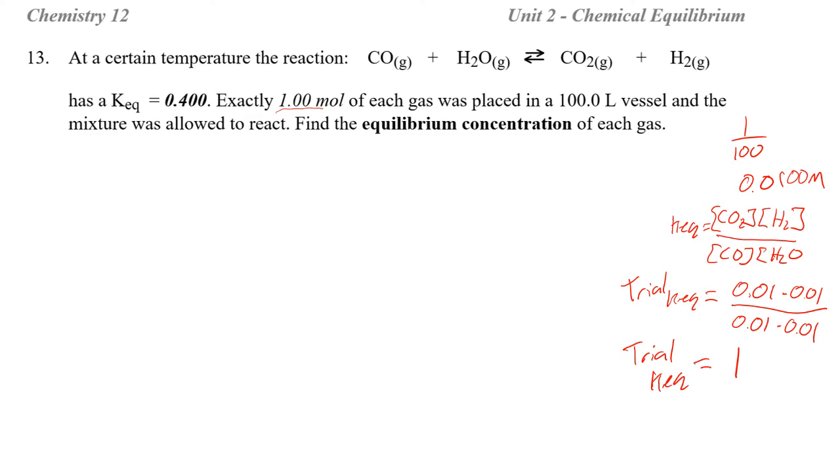Now, what we see here is trial Keq is larger than Keq. So what that means is that since trial Keq is larger than real Keq, because Keq is this number right here, equals 0.4, that means there's too many products and we need to shift towards this way right here.